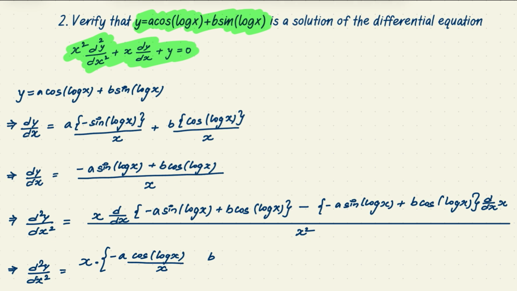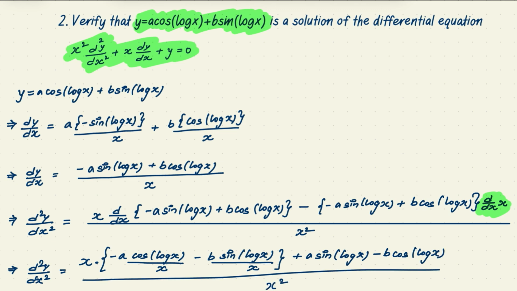So in front of b there it will be minus sine of log of x, and due to the chain rule d/dx of log x is 1 by x. And here if you notice, this d/dx of x is simply 1, so 1 into these terms will be same. So let us open the bracket here. Minus minus will be plus a sine of log of x minus b cos of log of x, and whole divided by x square.